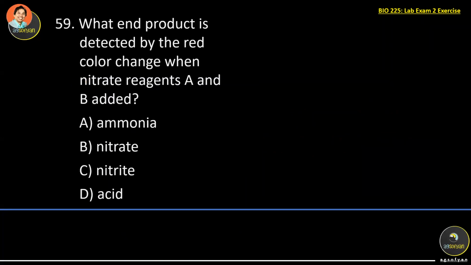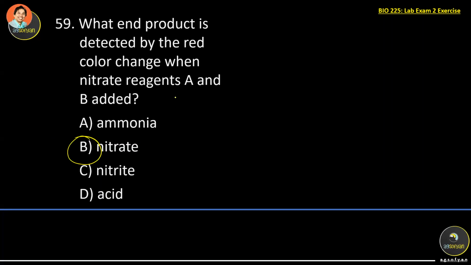What end product is detected by the red color change when nitrate reagents A and B are added? A, B, C, or D? Okay, again, this indicates the production of nitrite.